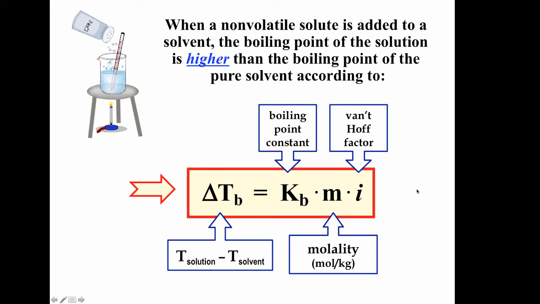All the rest of it is pretty much the same. So solving boiling point elevation problems is very, very similar to solving freezing point depression problems, but you have to pay attention to use a boiling point constant, not a freezing point constant, and note that the solution has higher boiling point and the solution has lower freezing point.